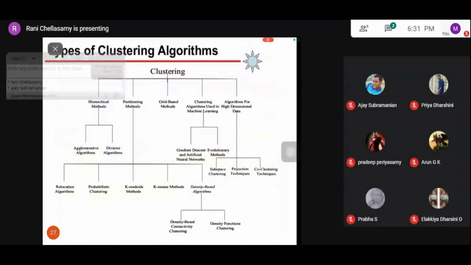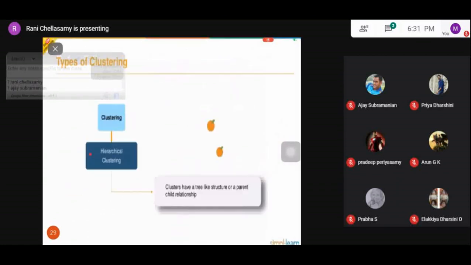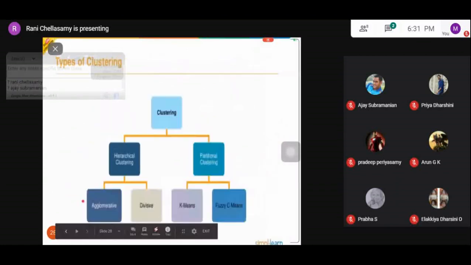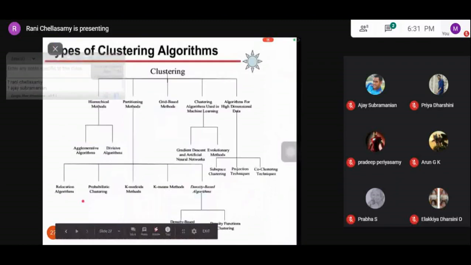Coming to the types of clustering algorithms, there are many types. See here, clustering algorithms are classified into hierarchy methods, partitioning methods, grid-based methods, clustering algorithms used in machine learning, and algorithms for high-dimensional data. The hierarchy method is classified into two types: one is the agglomerative algorithm, and the other is the divisive algorithm.